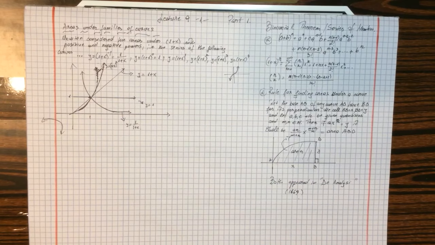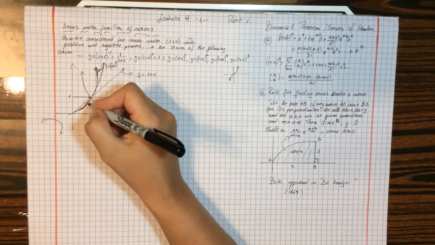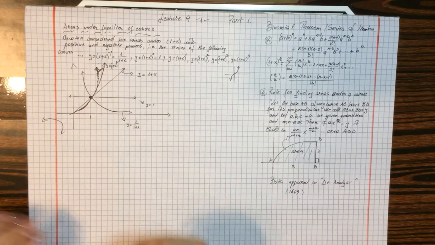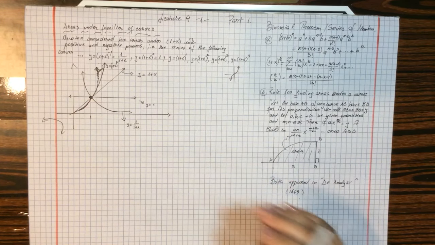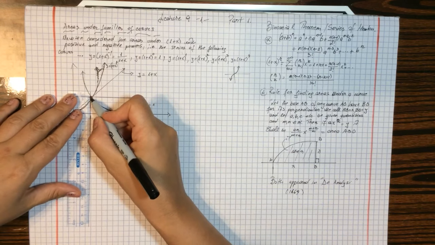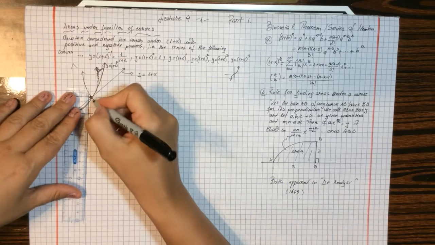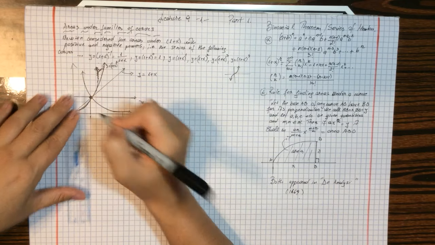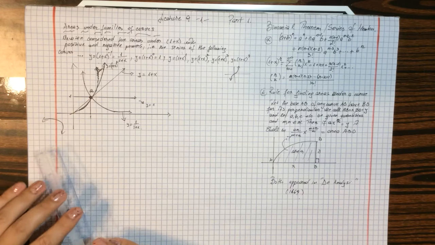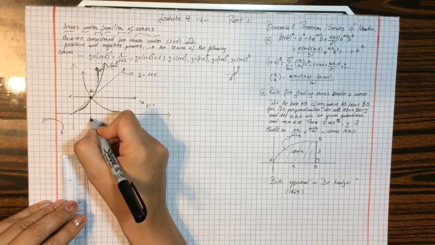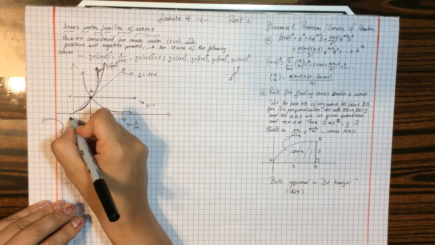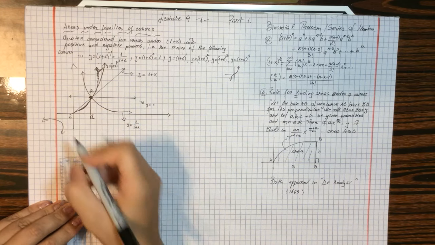All right, so let's see. Let me call this point here point A. Okay, so this is little a. Let me call this point here little d. Let me call this point here little c.